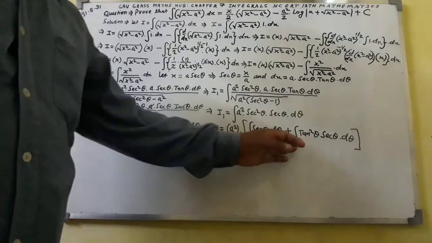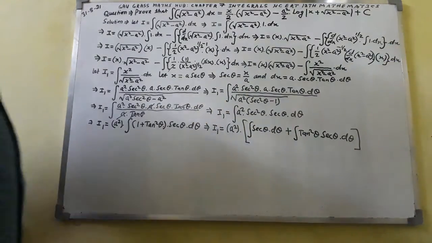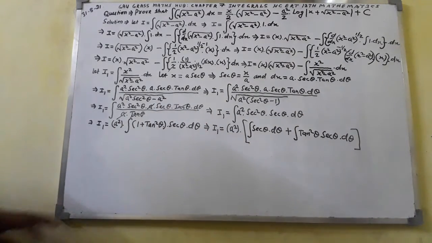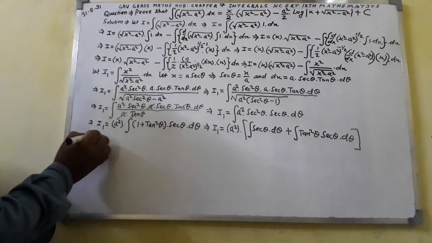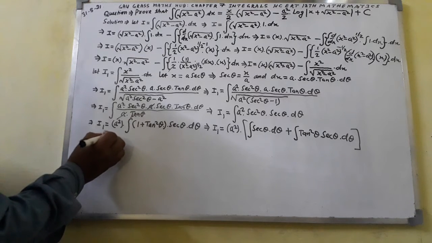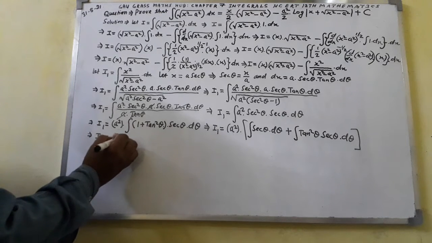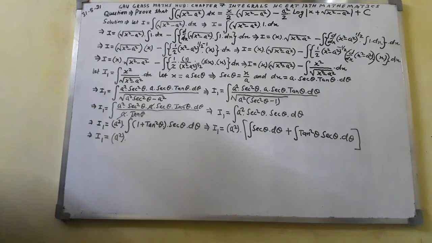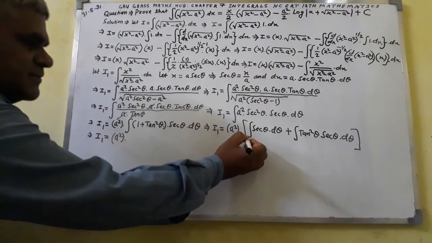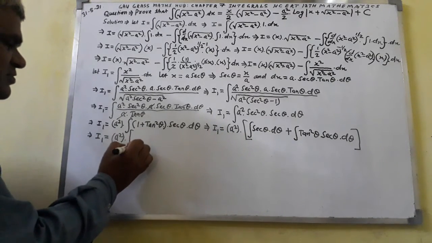Now what will we do next? Next I shall write, implies that I1 equal to a square, open square bracket.